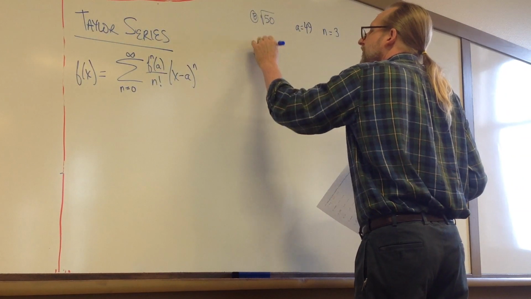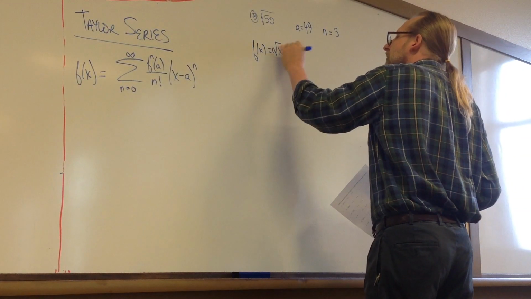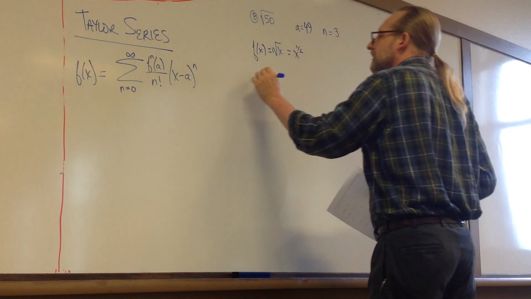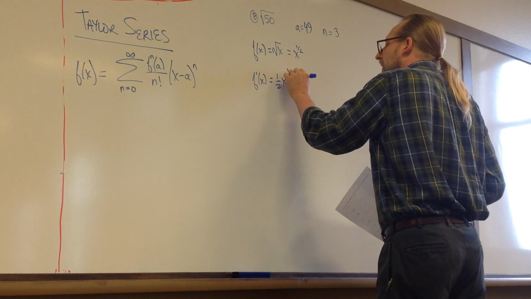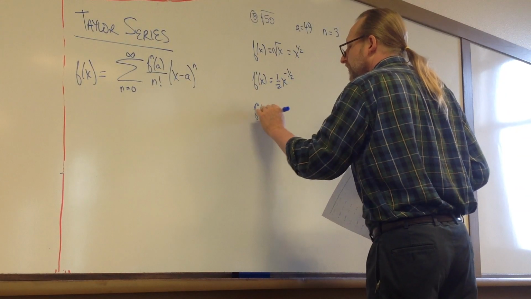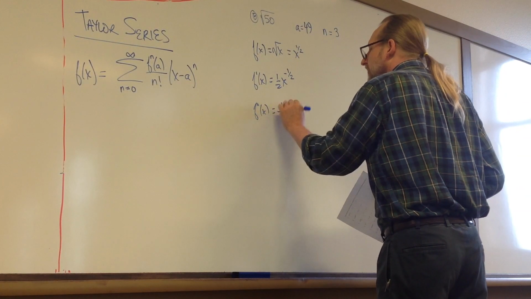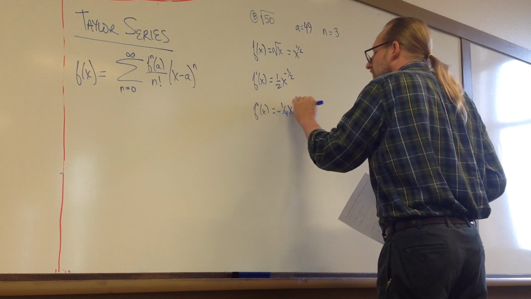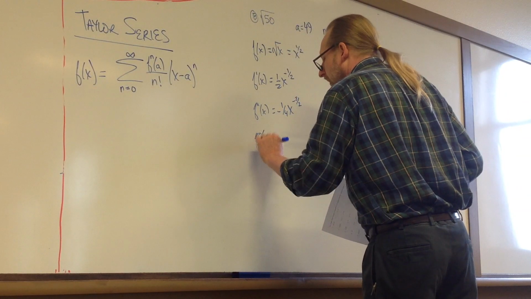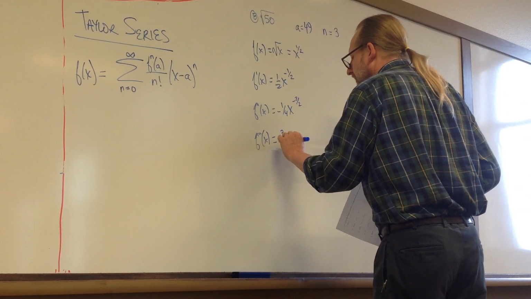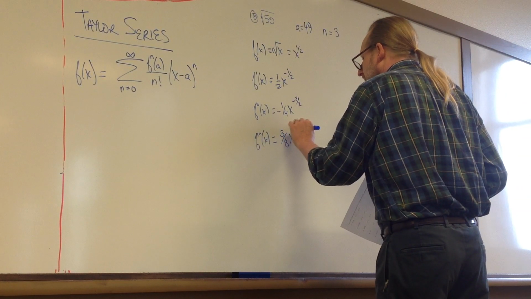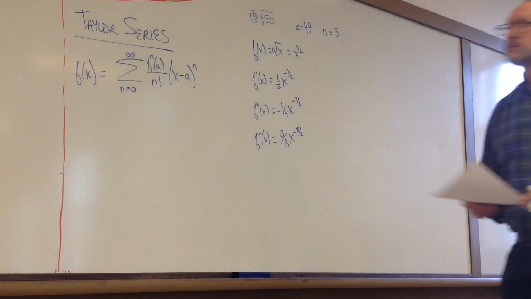All right, so our function here is the square root function, or x to the 1/2. So our derivative is 1/2 x to the minus 1/2. Second derivative, negative 1/4 x to the minus 3/2. And our third derivative is positive 3/8 x to the minus 5/2.